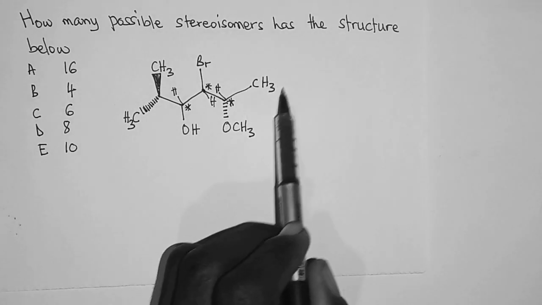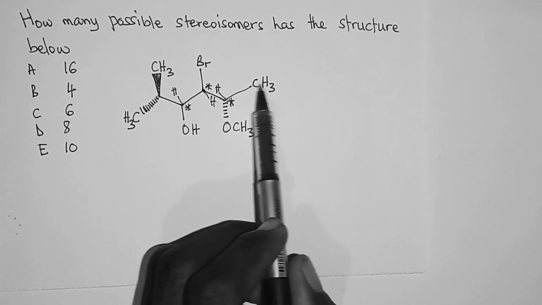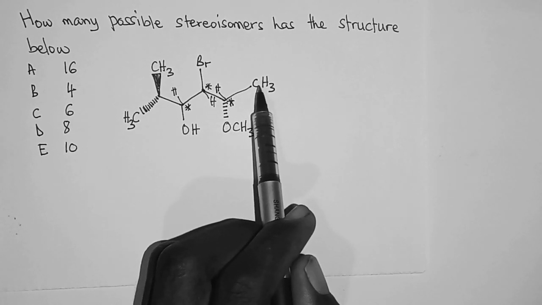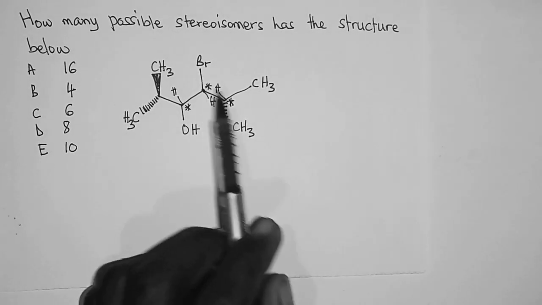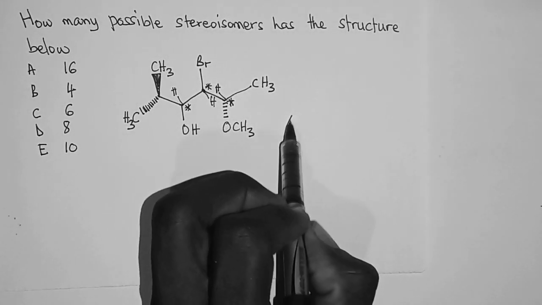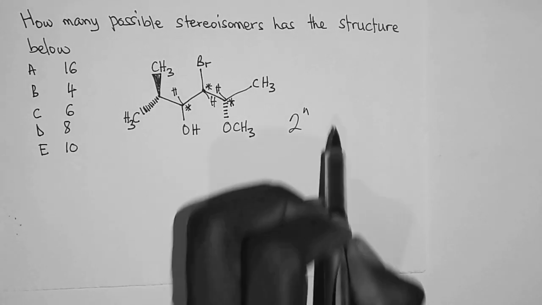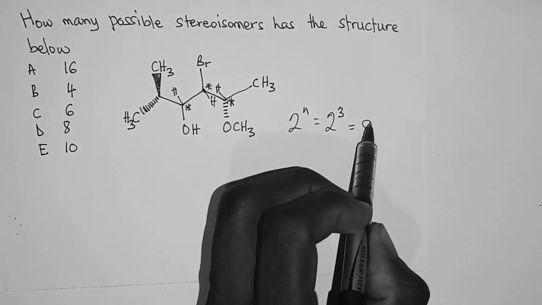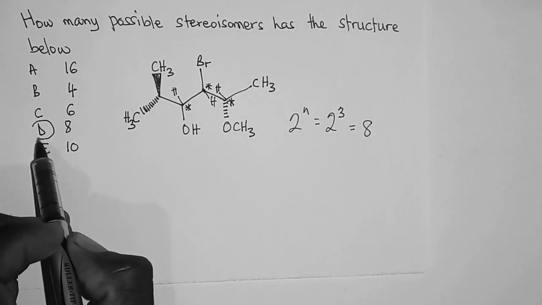Now, if you take this carbon, there are 3 protons which are all equal, so this carbon is not a stereogenic center. So we only have 3 stereogenic centers on this molecule, and the number of stereoisomers is given as 2 exponent n. So this is equal to 2 exponent 3, and 2 exponent 3 is 8. So the answer is 8.